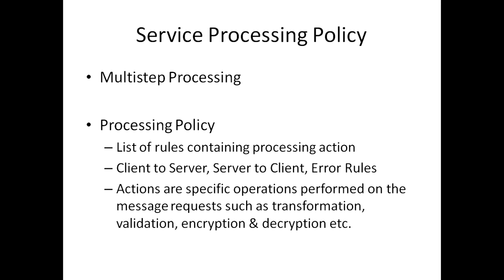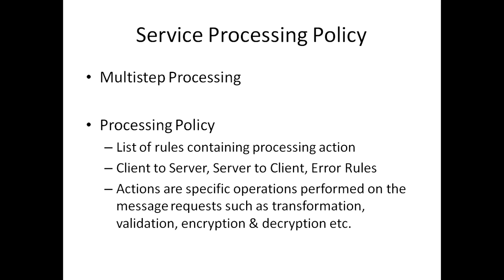It has a list of rules, as I said: client to server, server to client, and error rules. Client to server means the rule acts on the request coming from the client. The client could be any client, a SOAP client, the actual consumer client, or any test client.